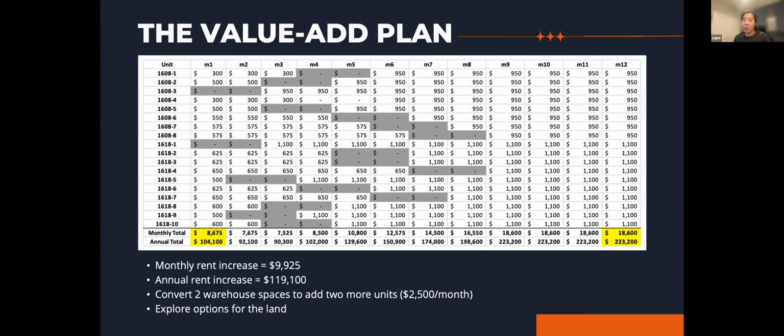So it's a very simple business plan, and that's what we did. There's a slide later on, and we'll show you why this is a very powerful thing by looking at these numbers here and how that translates to the value of the building.